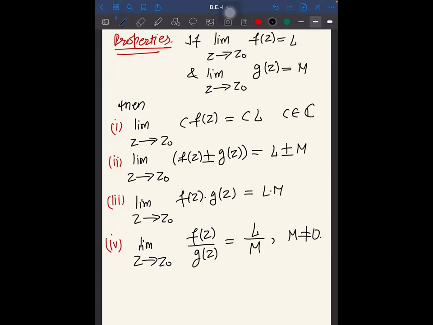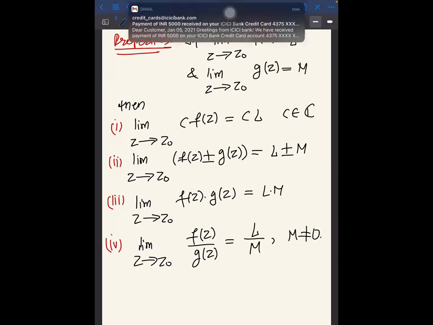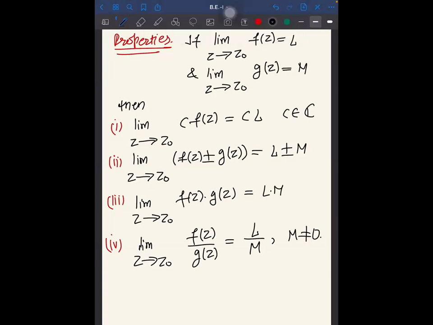Okay, so now quickly we'll remind the properties of continuity as well. These properties also hold in continuity. I'm just restating, not writing those things.